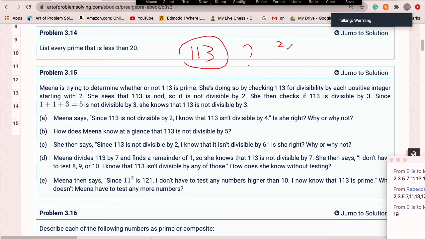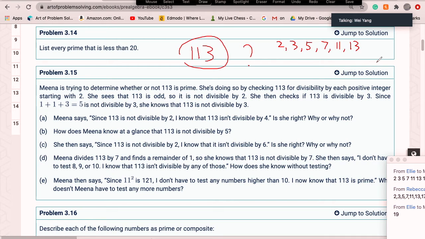So you already listed the prime numbers from 2 to 19: 2, 3, 5, 7, then 11, then 13. I think this is enough. Now let's check if 113 is a prime number.